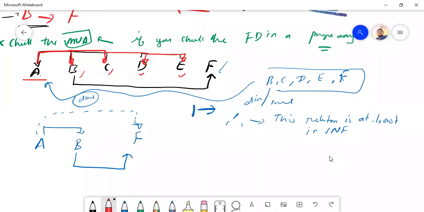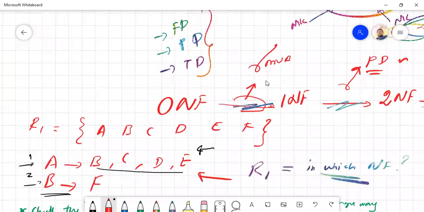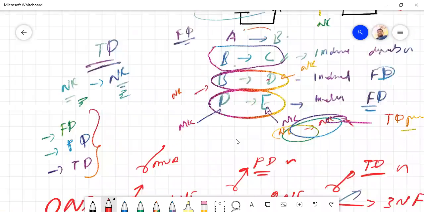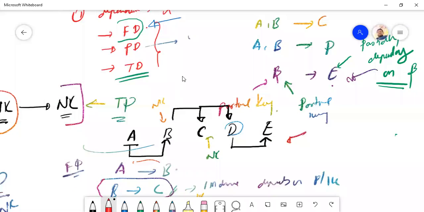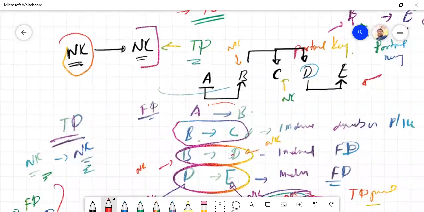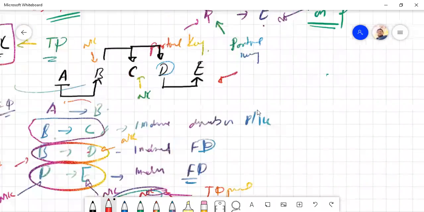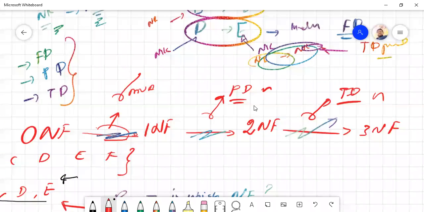Now I want to check whether this particular relation is in second normal form, right? You know second normal form, especially from 1NF to 2NF.